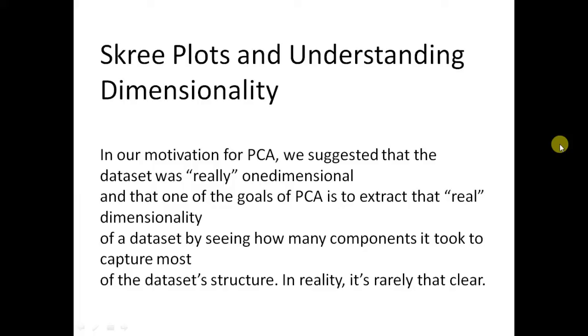Now, the script loads and understands dimensionality. In our motivation of PCA, we suggested that the dataset was really one dimensional and that one of the goals of PCA is to extract that real dimensionality of a dataset by seeing how many components it takes to capture most of the dataset structure.